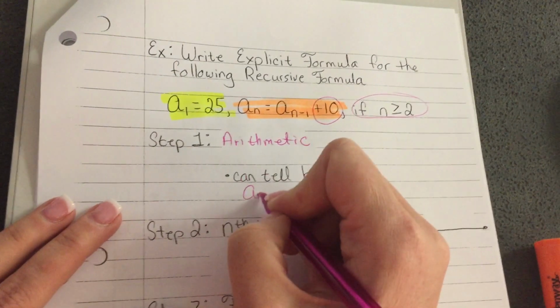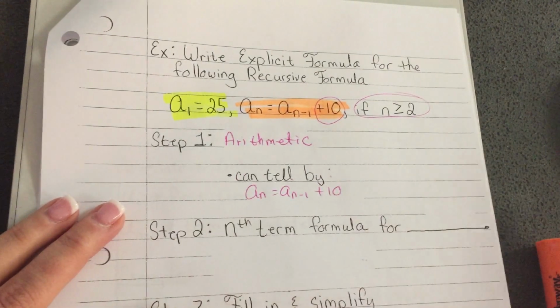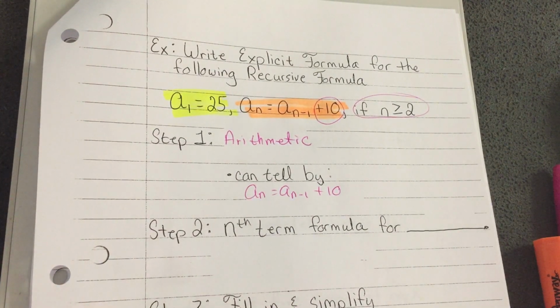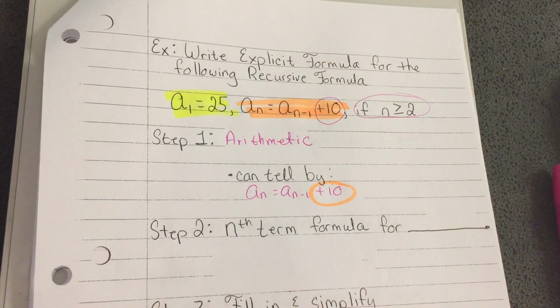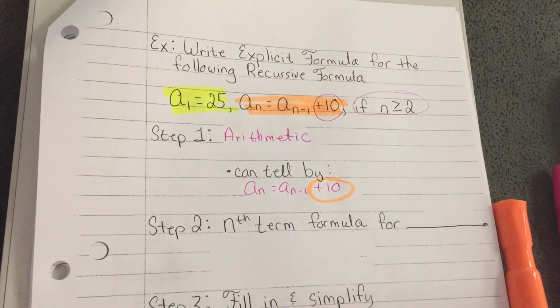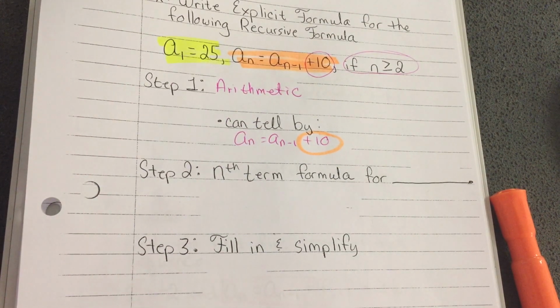Well, when you're looking at the formula, it's actually this plus 10 right here that gives it away. Okay? So what are we going to do? So now we've decided it's arithmetic.